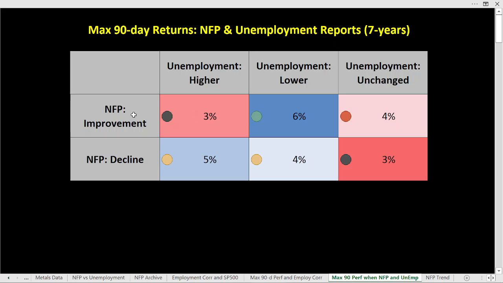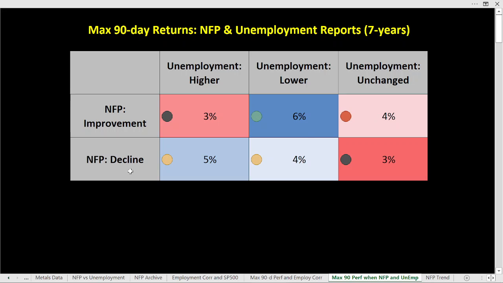When the non-farm payroll improves and the unemployment is lower, that's the ideal situation. We see historically the best results. Again, when the non-farm payroll goes up and unemployment rate goes down. When the non-farm payroll goes up and the unemployment rate remains unchanged, and oftentimes it is unchanged, then we see an average of a 4% return on your money in the next 90 days.